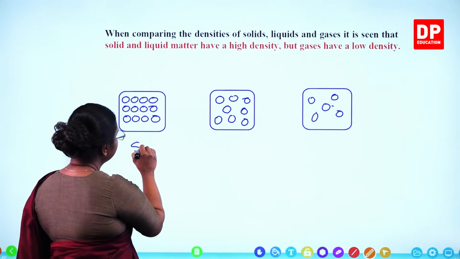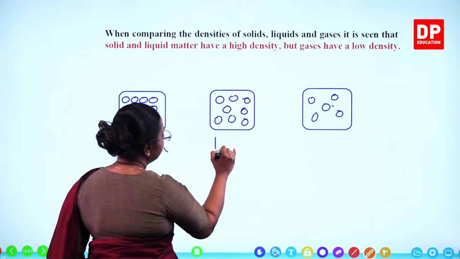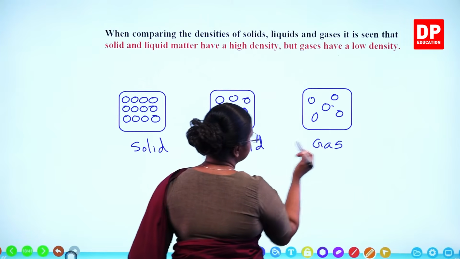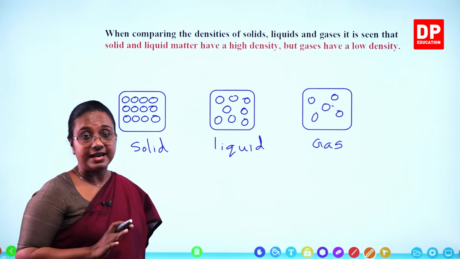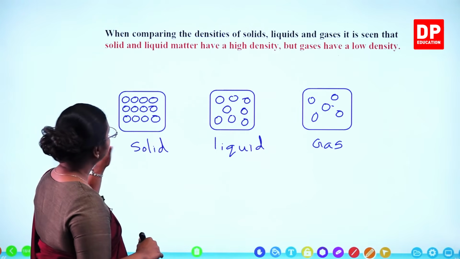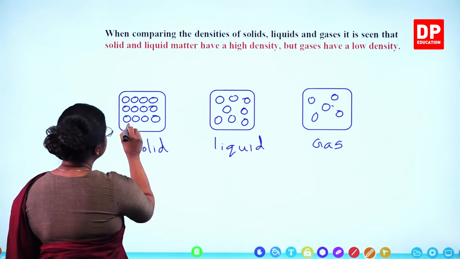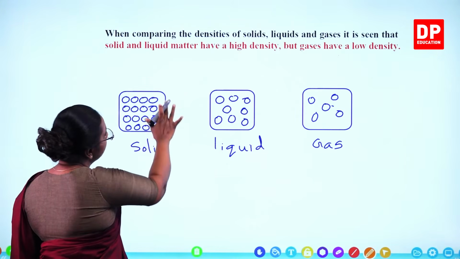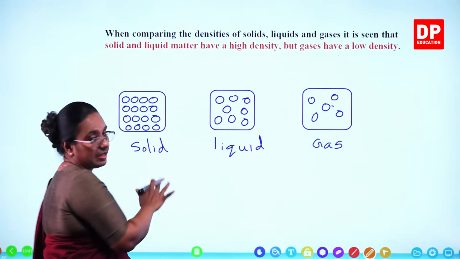So in a solid, liquid and gases, because of their arrangement, you have more particles here. I have not filled the full space, but still you can see that compared to liquids and gases, there are more particles in this space.